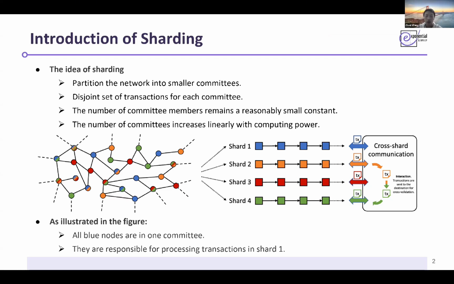The transaction throughput in the network also grows linearly with the network's computing power. This diagram shows how a typical sharding scheme works. On the right, the blue chain represents the transaction set of shard 1, while the blue circle on the left represents those responsible for processing the transactions in shard 1.